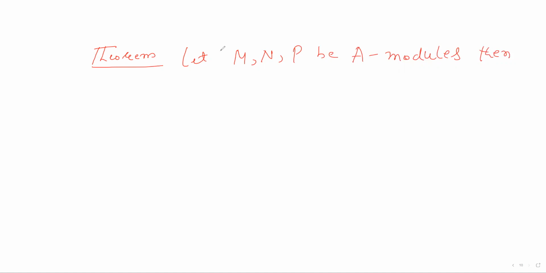This theorem: let M, N, P be modules, then there exist unique isomorphisms.